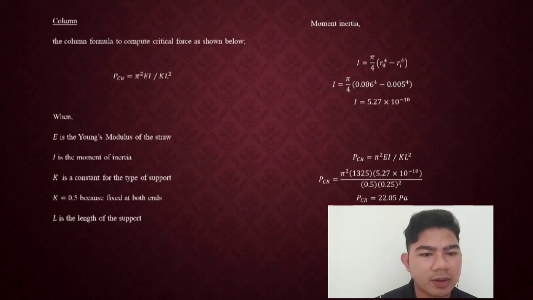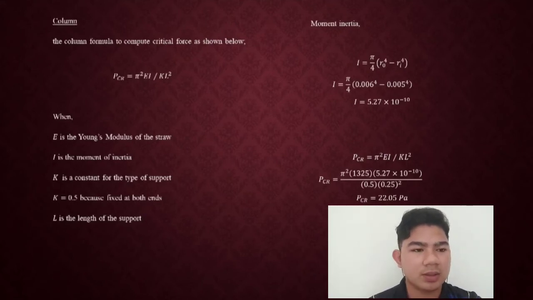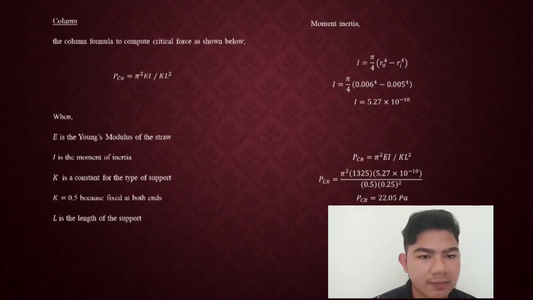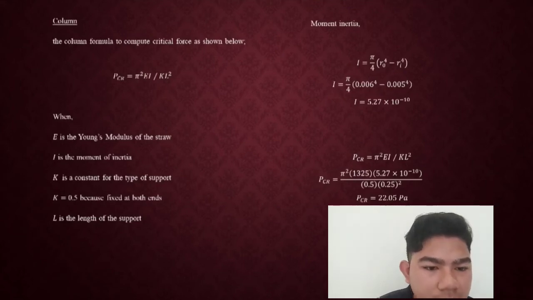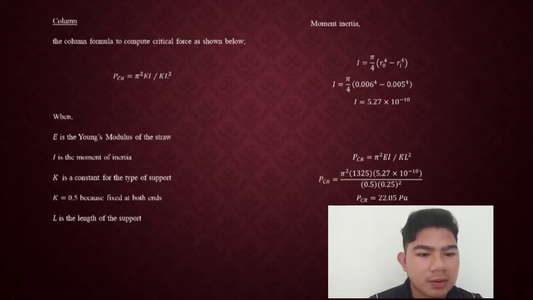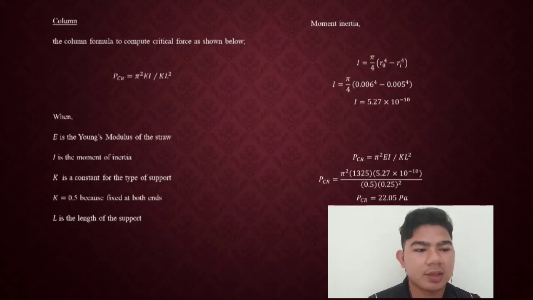So we got the value of moment of inertia 5.27 times 10 to the exponent negative 10, and then we substitute the value in the column formula, and we got the value for column 22.05 Pascal. Okay, that's all. Thank you.